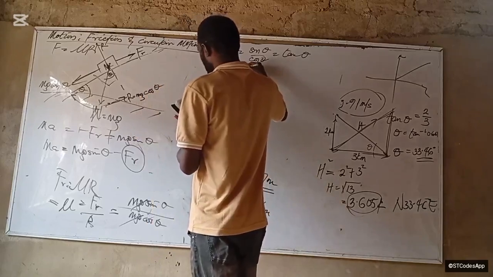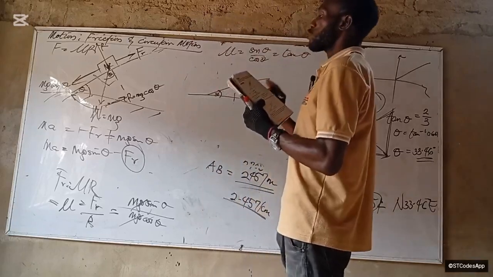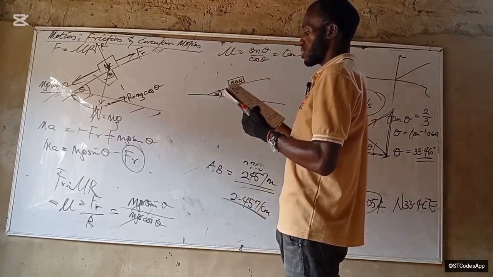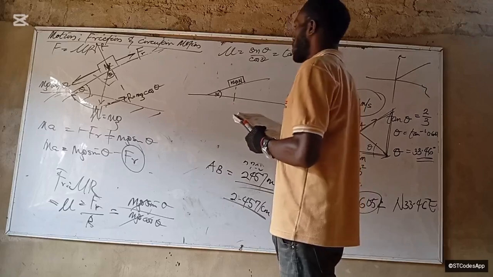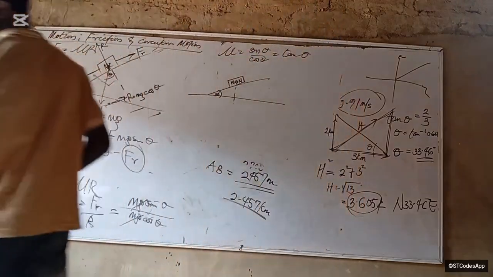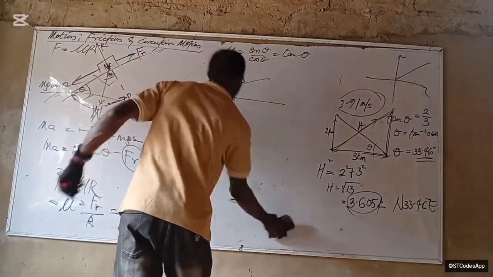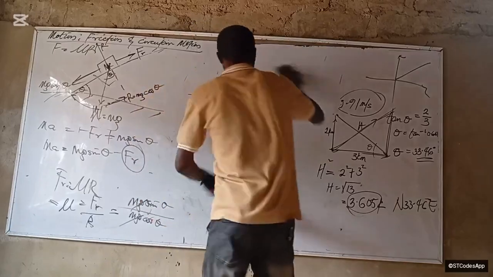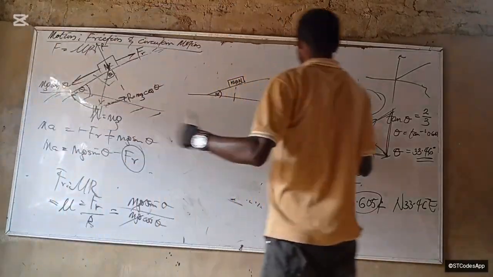It now says, calculate the force parallel to the plane required to push a load of 120 Newton up the plane. Let's do it together. It's very simple. Let's do it together. Up the plane. That's what it says. A load of 120 uniformly up the plane.